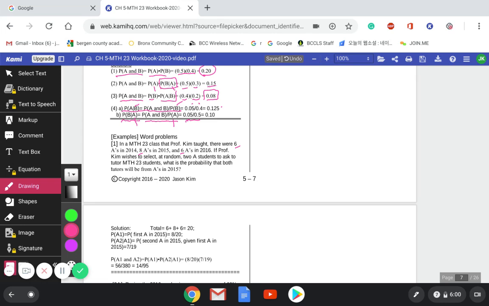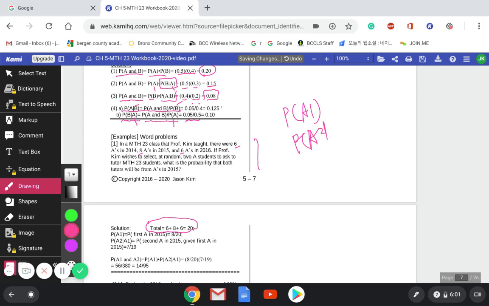So how do you solve this question? Number one, anything with a probability, you have to find the total. So the total number is adding 6 plus 8 plus 6, which is 20. So since you have to choose 2, the first one is, let's say, probability of A student 1, and the second event would be finding a probability of the student who got A number 2.